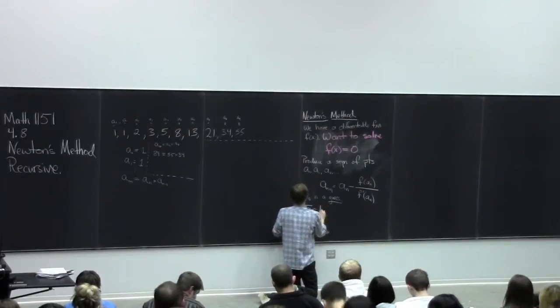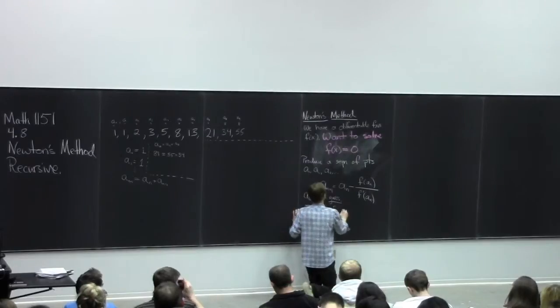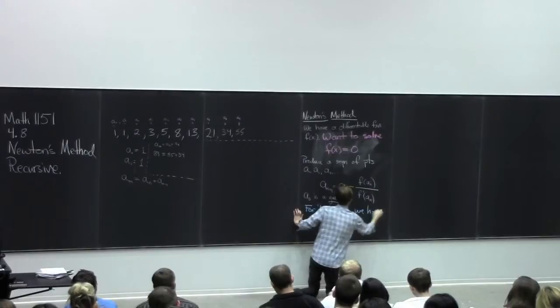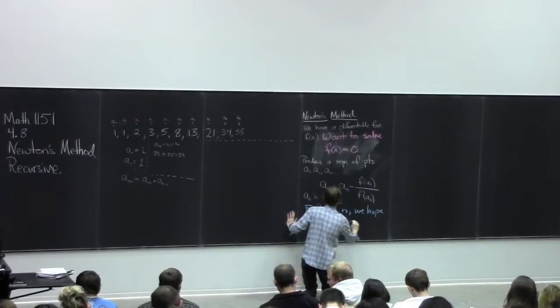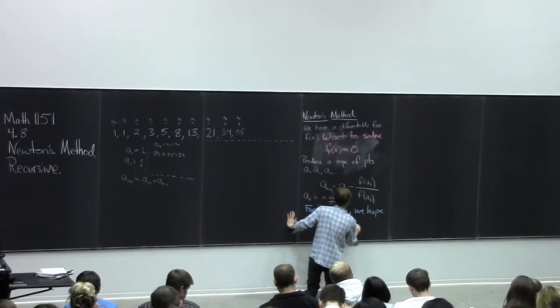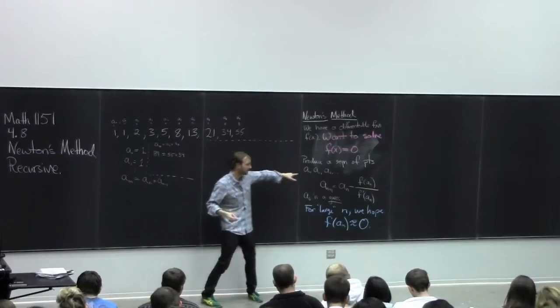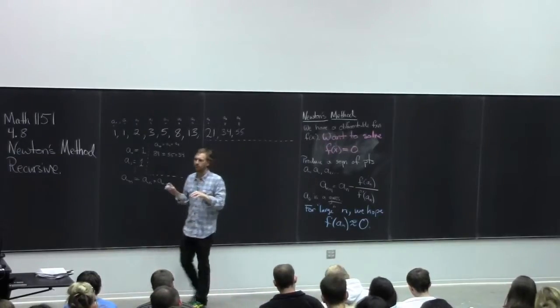For large, in quotes, n, we hope f of a sub n is about 0. So these are getting closer and closer to our hopeful solution.